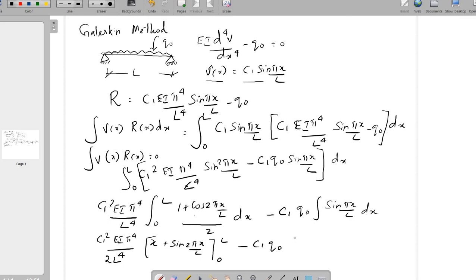If you integrate sin pi x by L, it is minus cos pi x by L into L by pi. So here also you have to multiply the term L by 2 pi. Okay. So within the bracket it is L by 2 pi. So let me correct, into L by 2 pi.